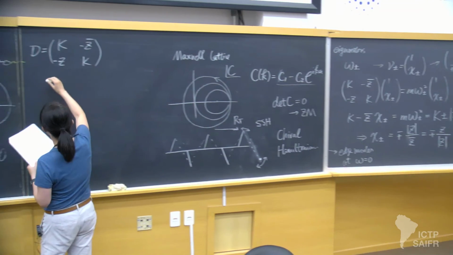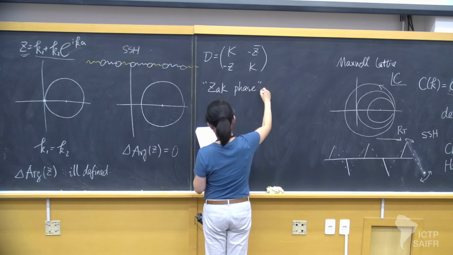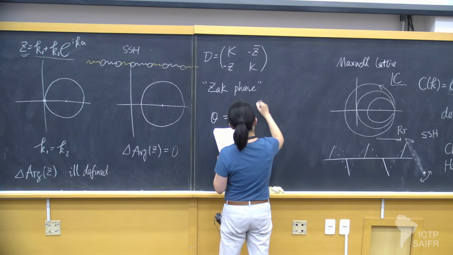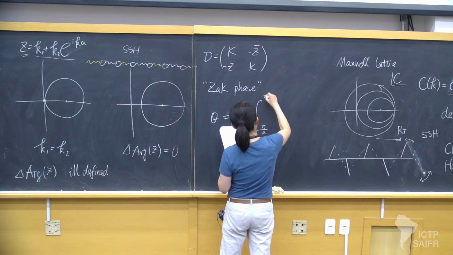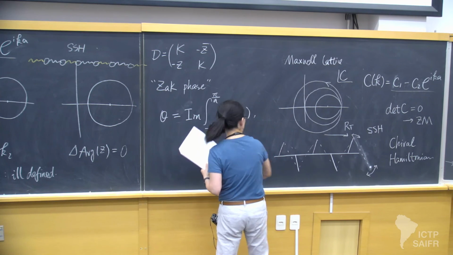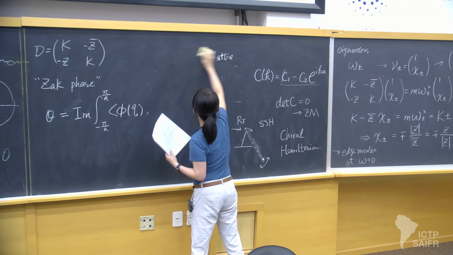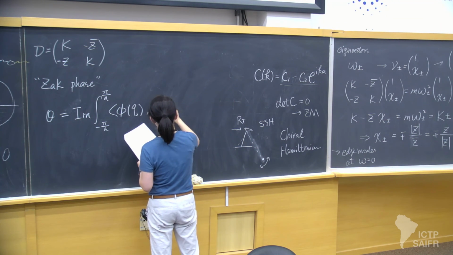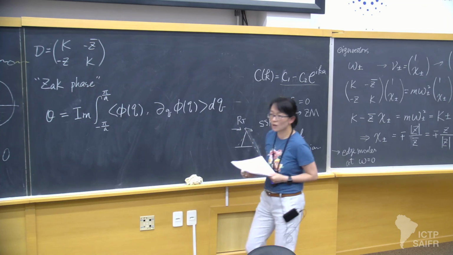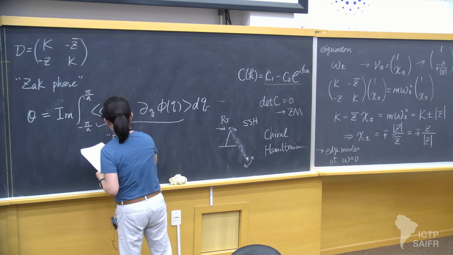That is the so-called Zak phase. And this is the so-called Berry connection.